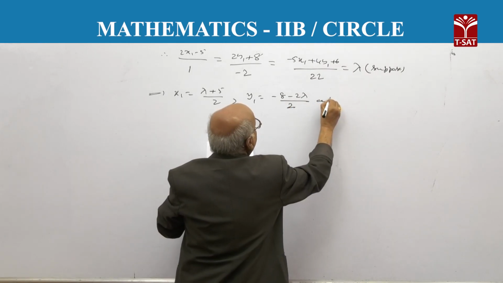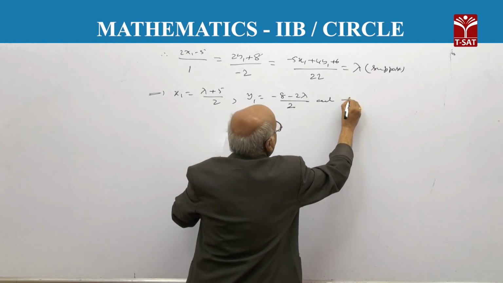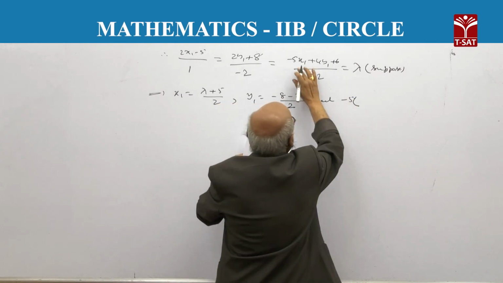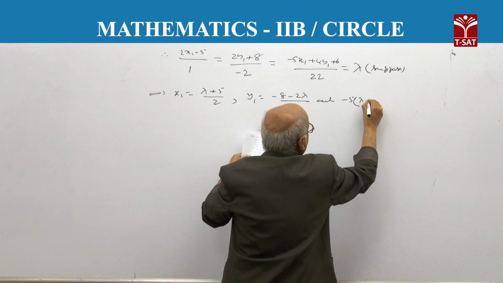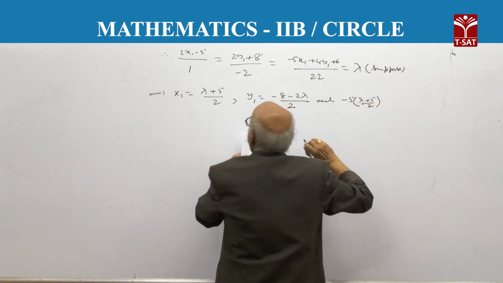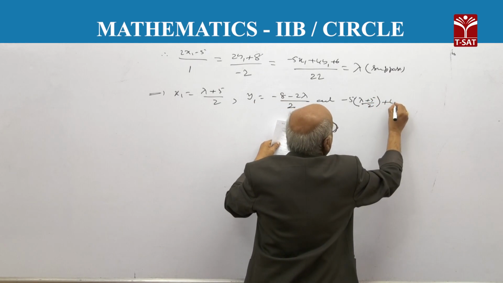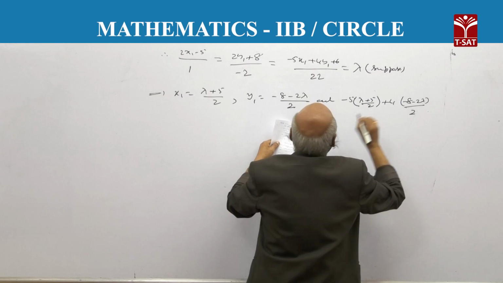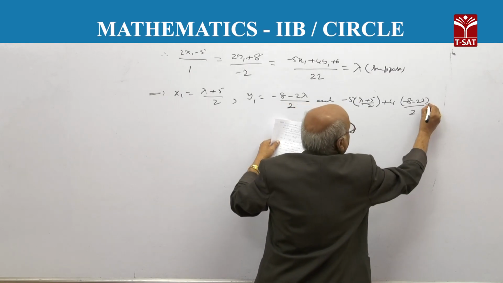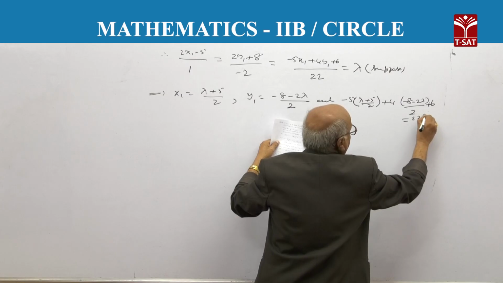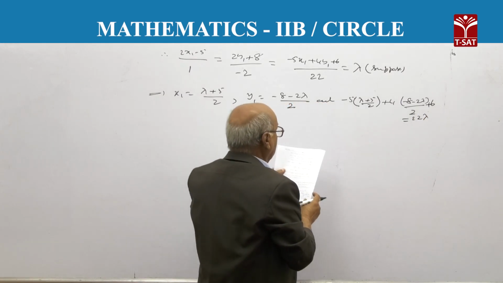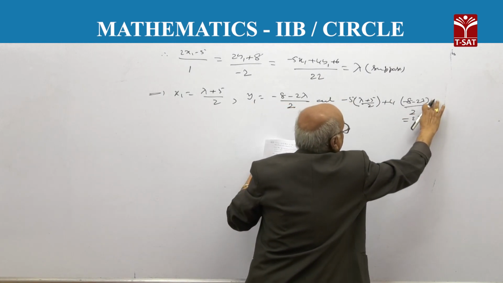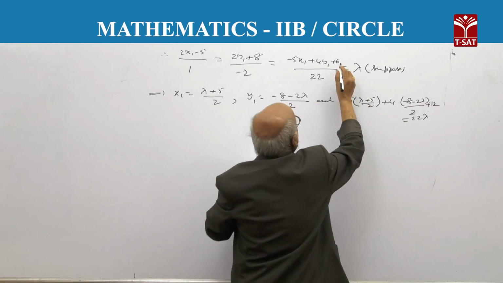And minus 5x1, that is minus 5 into x1 means (lambda plus 5) by 2, plus 4y1 means (minus 8 minus 2 lambda) by 2, plus 6 is equal to 22 lambda, that is 12 plus 12 lambda is equal to 22 lambda.